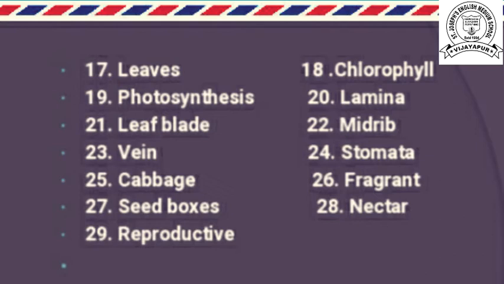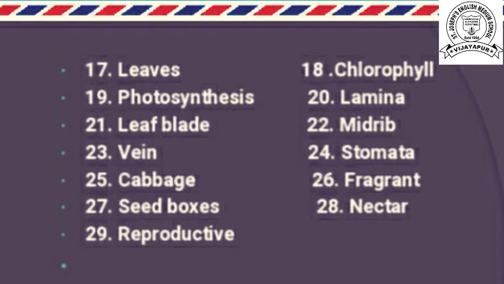26th one, fragrant. Fragrant means a pleasant smell. And the next one, 27, seed boxes. Who are called seed boxes, children? Flowers. And why? Because these flowers grow into fruit and it consists of seeds. So these are the seed boxes. 28th one, nectar.